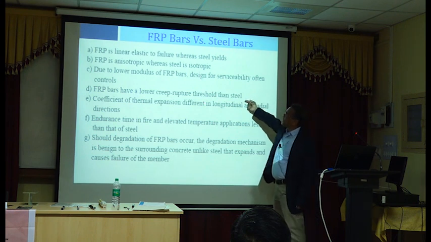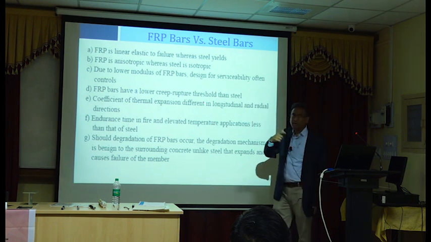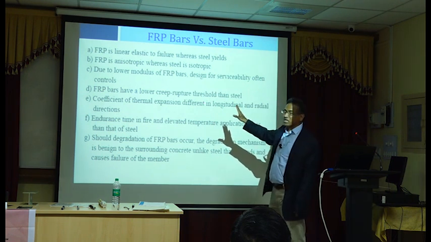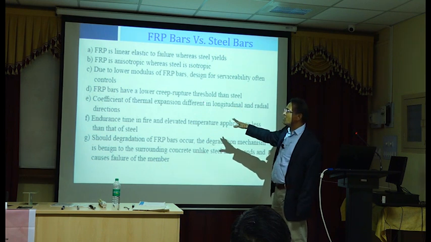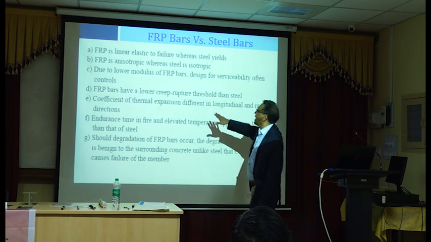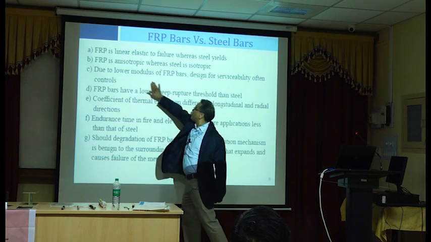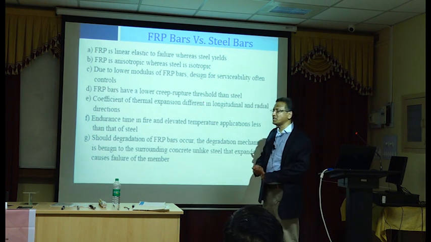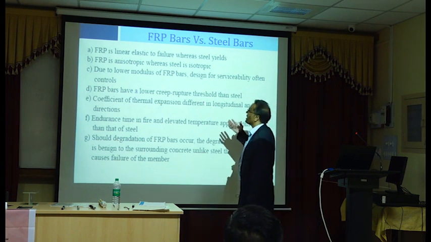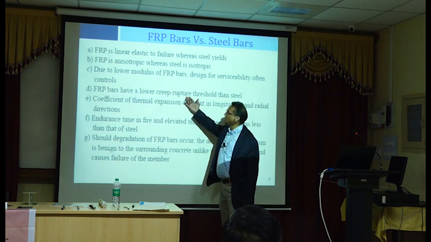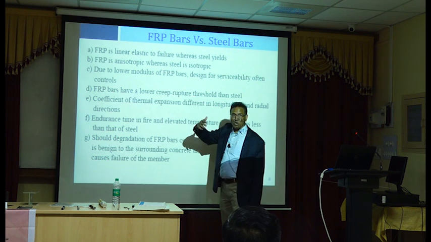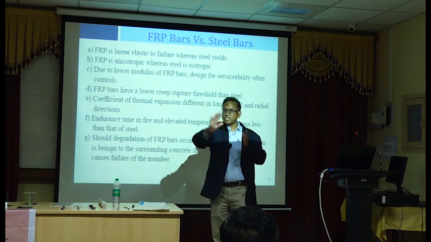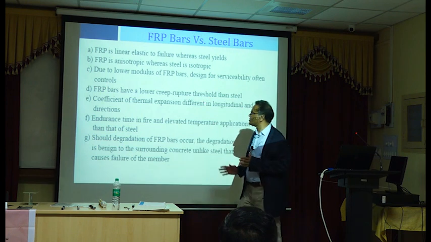FRP has lower creep rupture strength than steel. This is going to be a bigger problem, because I designed many structural elements using FRP bars, and we always get stuck here, creep rupture. If you are trying to satisfy the creep rupture requirements given in ACI, we will be in big trouble. You cannot design many structural elements like retaining walls because there's always sustained load, and that will cause creep rupture.